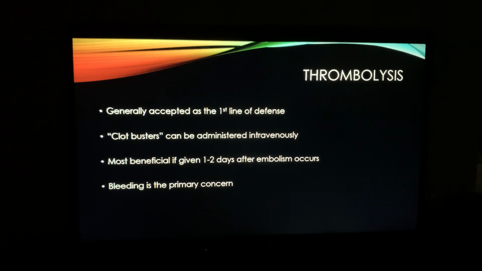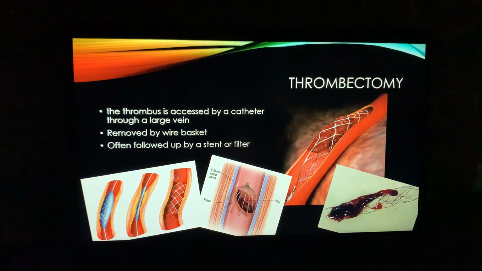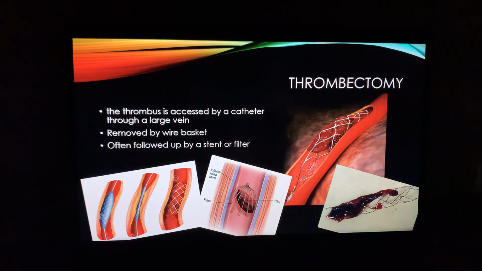Bleeding is the primary concern, as it does reduce the ability for blood to clot. Thrombectomy is where they go up through a large vein and remove the clot with a wire basket. It's often followed by a stent.